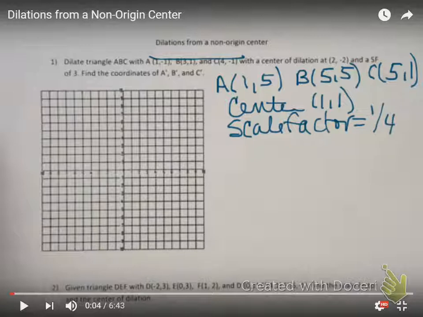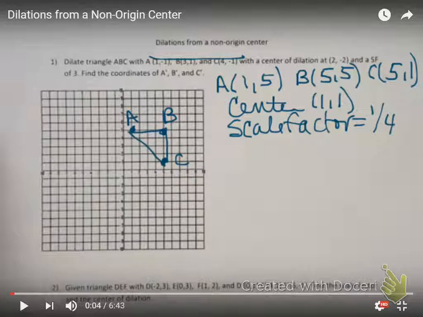Okay, so what I've got to do first is graph the points that are there. So (1, 5) is A, (5, 5) is B, and (5, 1) is C. So that's my original.